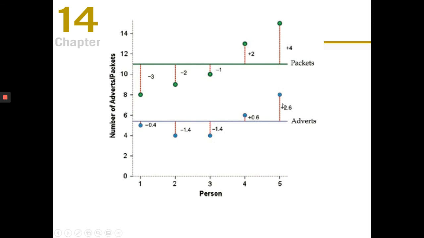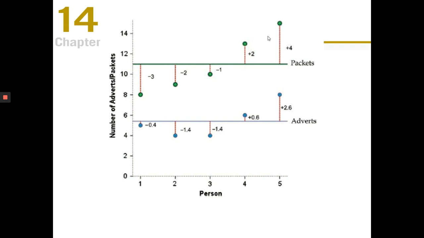And then our couch potato, who sees a bunch of adverts, they buy a lot more packets of candy than average. So for every single person, this is not going to happen in real life, but just for an illustration, there's a dance there. If they see less adverts than average, they buy less candy than average. If they see more adverts than average, they buy more candy than average. So it's going in the same direction, so it's a positive correlation.